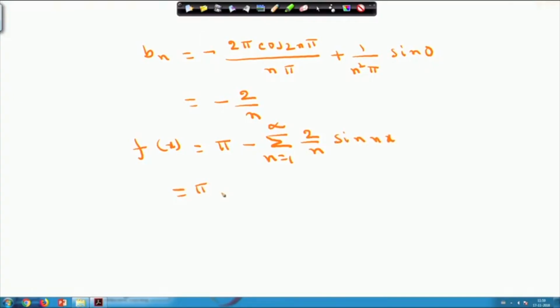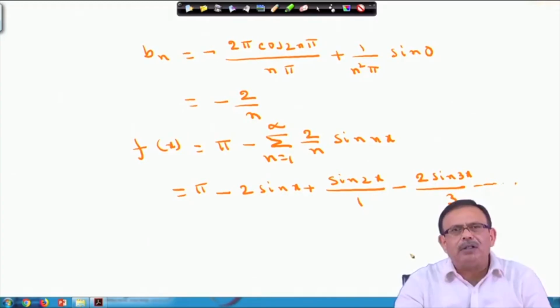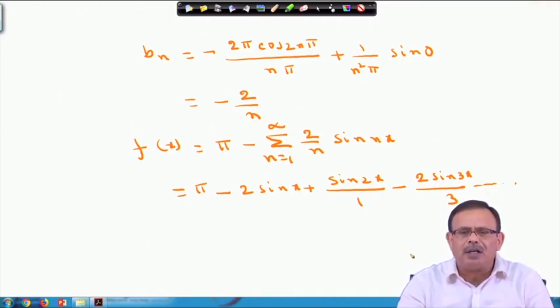So, if I expand it, I will obtain minus twice sin x, minus sin 2 x by 1, minus 2 sin 3 x by 3, and in this way it will continue. So, once I am getting a naught, a n and b n, I can expand the function in this series.